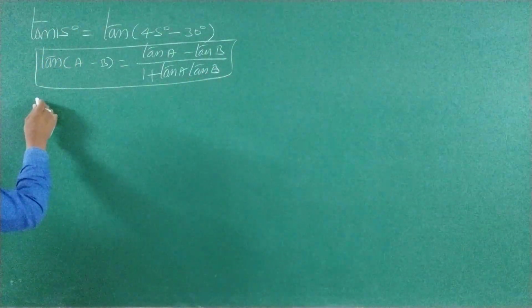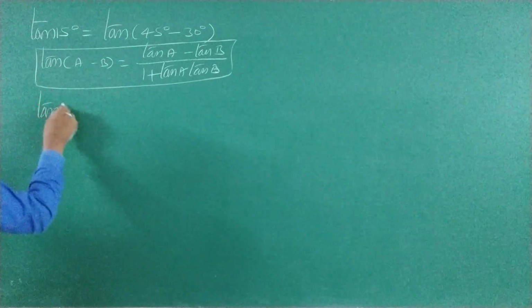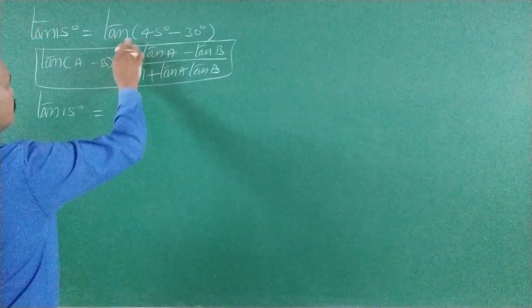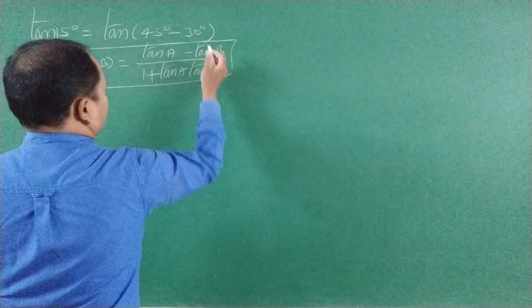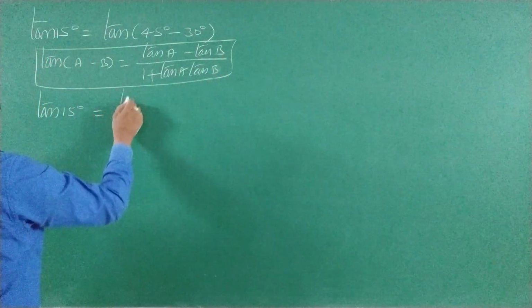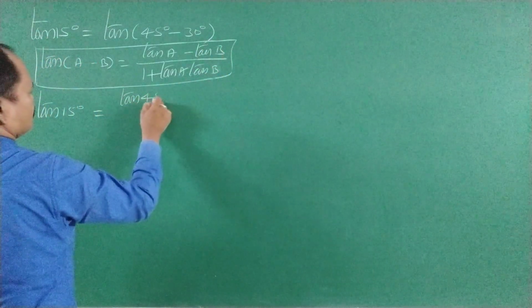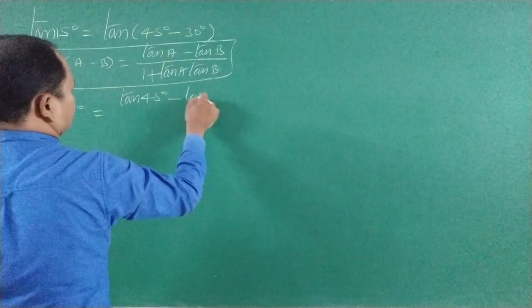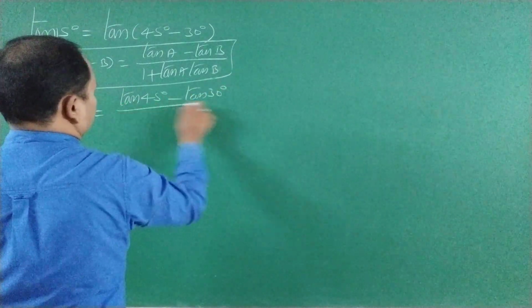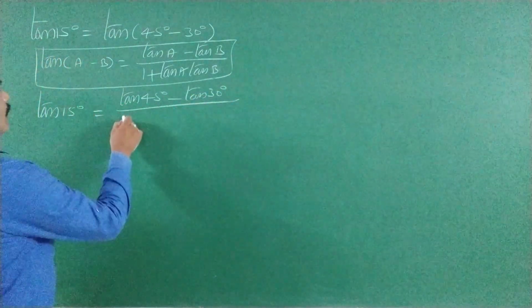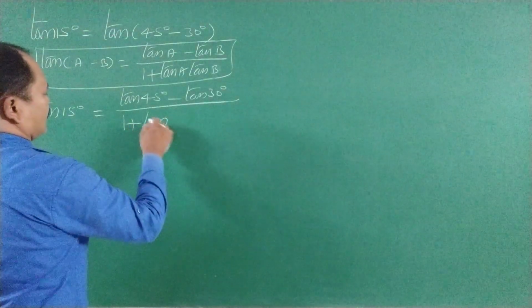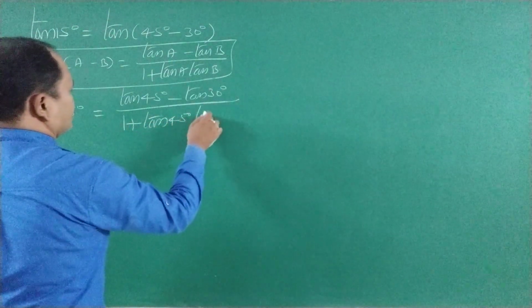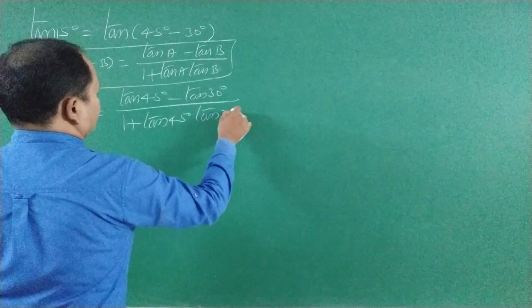Expanding in the form of tan(A minus B), this is tan 45 minus tan 30 by 1 plus tan 45 into tan 30 degrees.